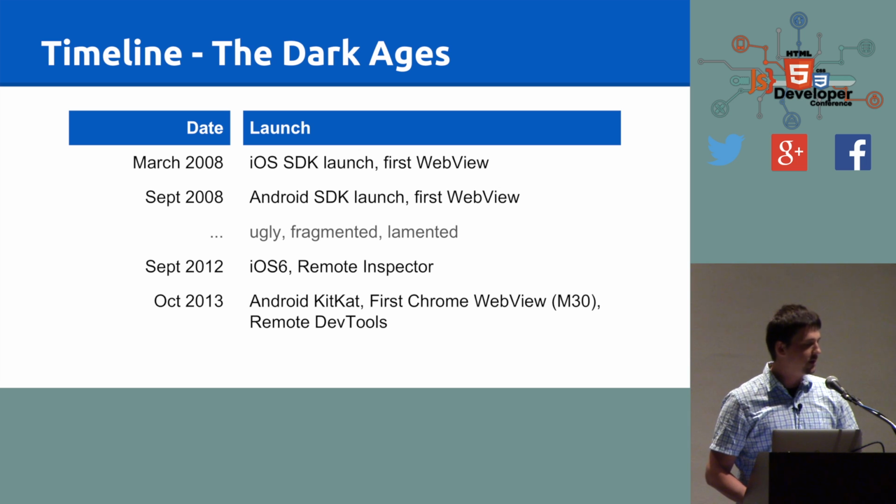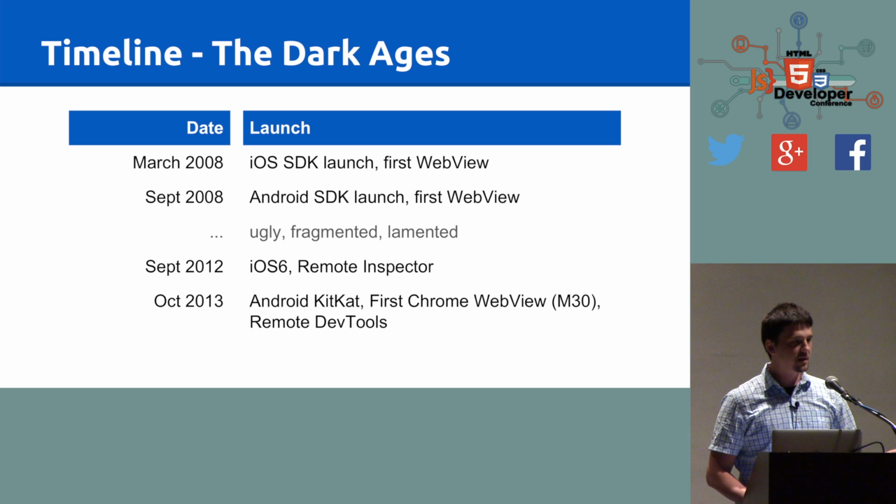It still had a long ways to go, but it had Remote Inspector, and that made a world of a difference. And a year after that, KitKat launched, which is fairly recent, and the old antiquated Android WebView finally switched to a Chrome-based one. But it was a Herculean effort for the Chrome team to have to fit into the existing WebView API.